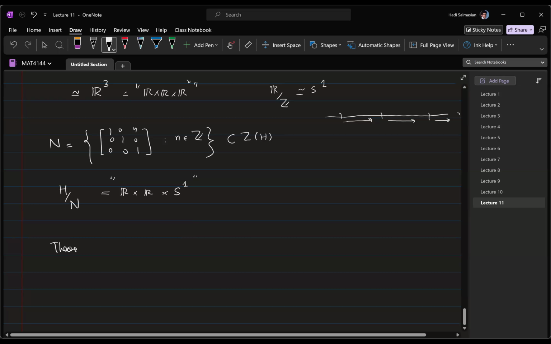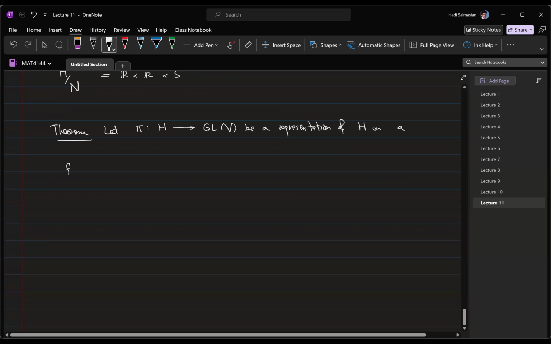Maybe I state it as a theorem. So let phi from H to GL(V) be a representation of H on a finite dimensional complex vector space V over C, let's say, it doesn't matter.